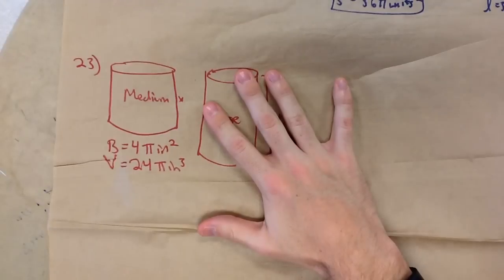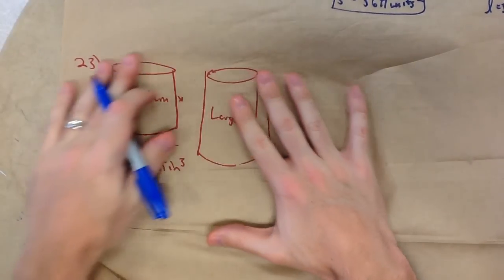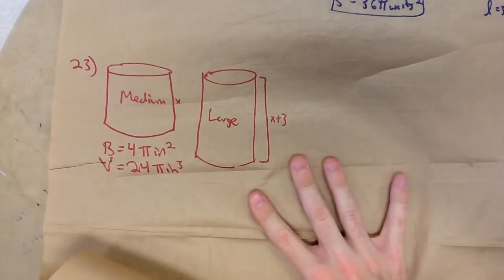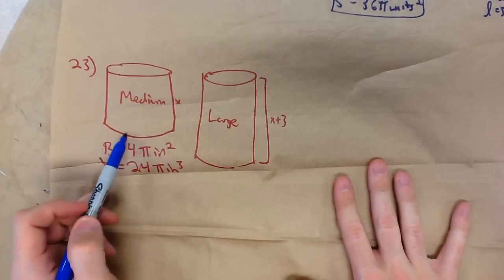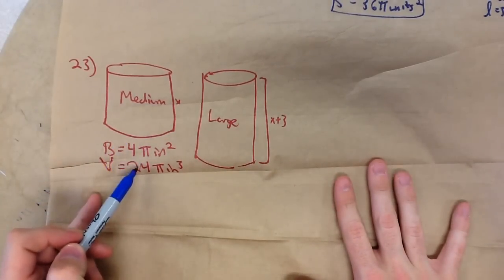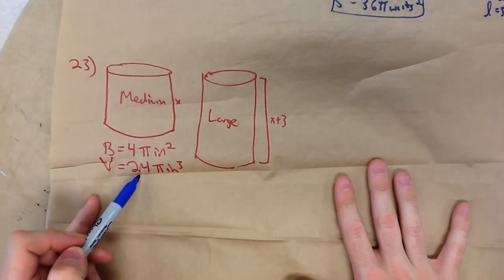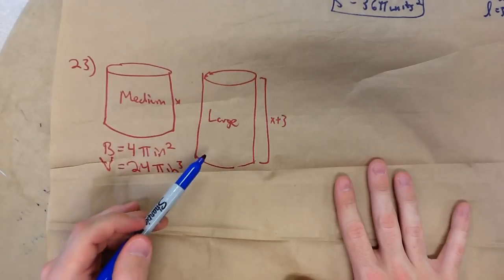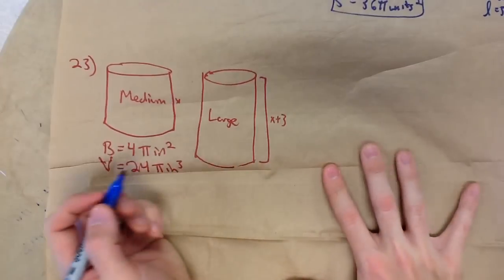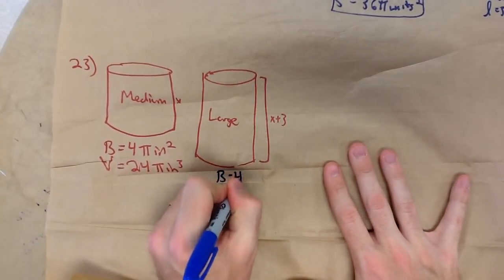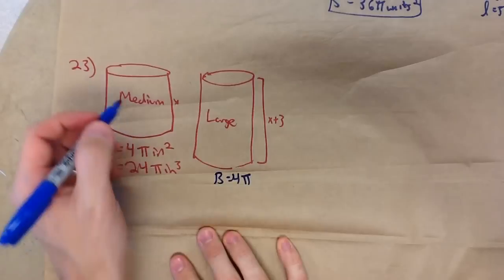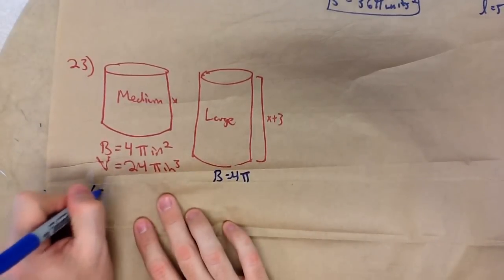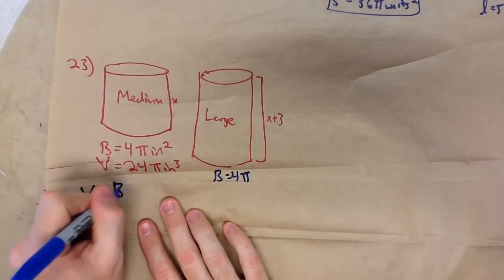For number 23, we have two cylinders. Medium soda comes in a cylinder cup, has a base area of 4 pi, volume of 24 pi inches cubed. Large soda is 3 inches taller than the medium and has the same size base. So the base area is still 4 pi, but I've got to find what the height is. So the volume formula for a cylinder is base area times height.